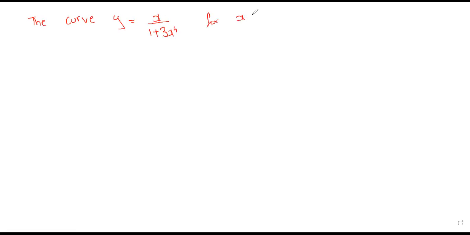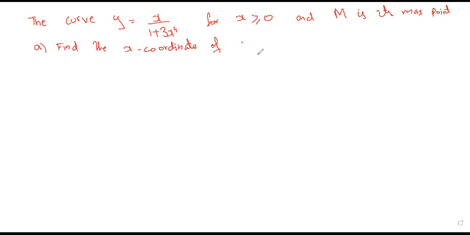For x greater than or equal to 0, and m is its maximum point. Part A. Find the x coordinate of m. Okay, I want you to tell me how are we going to go about this question.